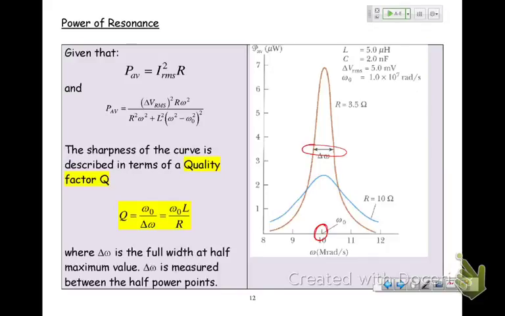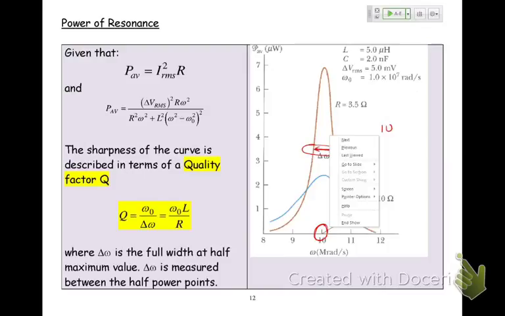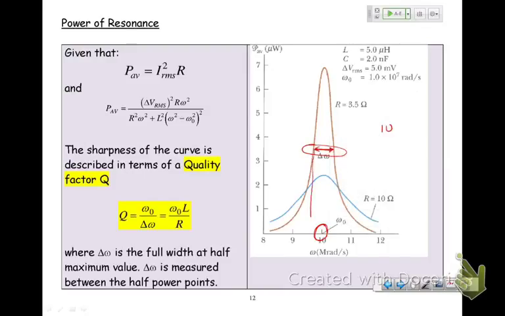So you go to your resonant frequency and you plot this out and you say, how wide is this? And it's, you know, this would be 10 divided by, that's about 0.6.